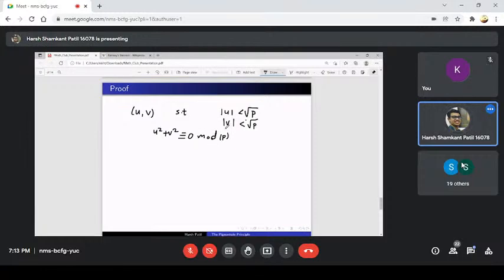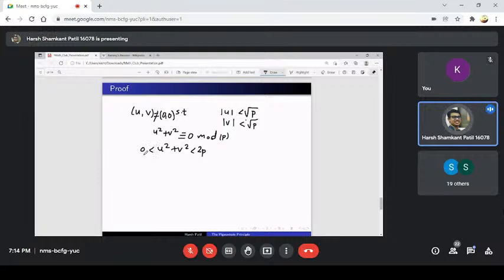So how will this help us? What we are going to do is show that there exists a pair of integers u and v such that their mod value is less than root p, and u square plus v square is congruent to 0 mod p. That would mean this integer u square plus v square lies between 0 and 2p, and (u, v) is not equal to (0, 0).